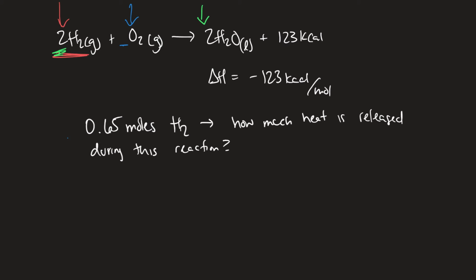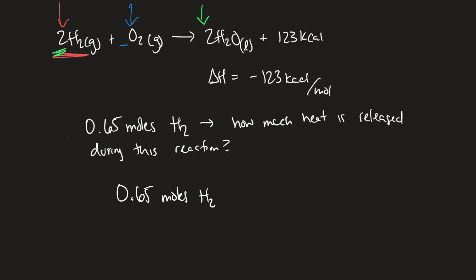We could use the delta H here as a conversion factor to help us go from the number of moles of H2 to the amount of energy used in this reaction. Let me show exactly how that looks. You start with 0.65 moles of H2.